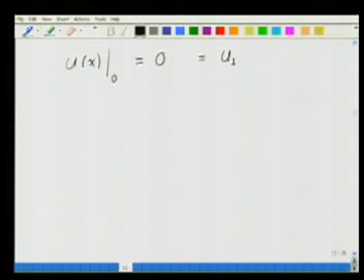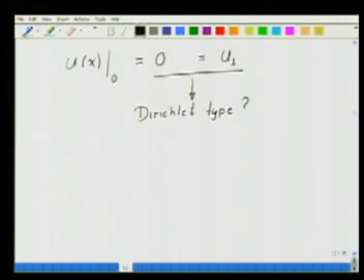Once I do this, I will follow the same route as we followed in applying the Dirichlet condition to get a solution to the problem. So we are fixing u(x) at the point 0 equal to 0, such that we get a solution to the problem.